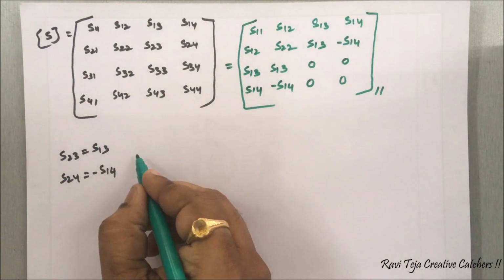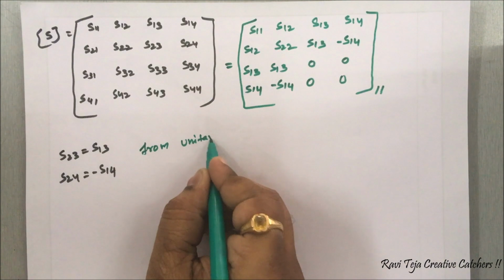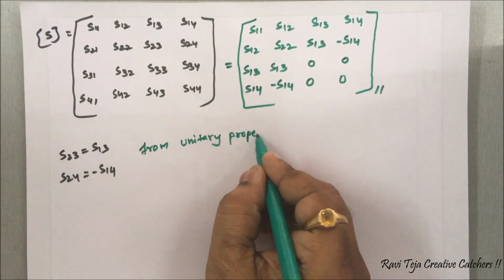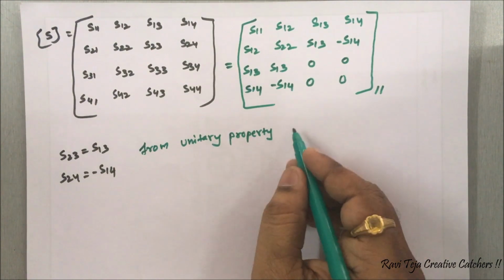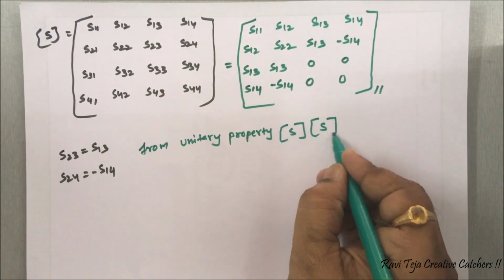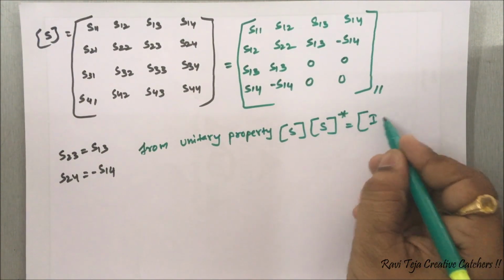Now, from the unitary property, S into S conjugate is equal to identity.